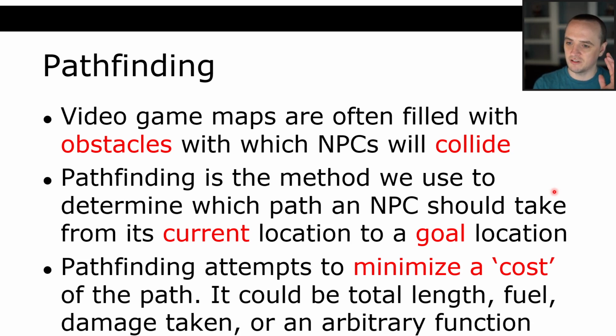So it's not necessarily the case that you want to take the most direct path, but you may want to say, well, walk around the lava because we want it to be the least damage taken to get to the player or something like that, right? So pathfinding can do that. As we saw in 3200, we had this A star algorithm, and A star has an objective function, the cost function that we're trying to minimize. And so that cost could be whatever you want it to be.